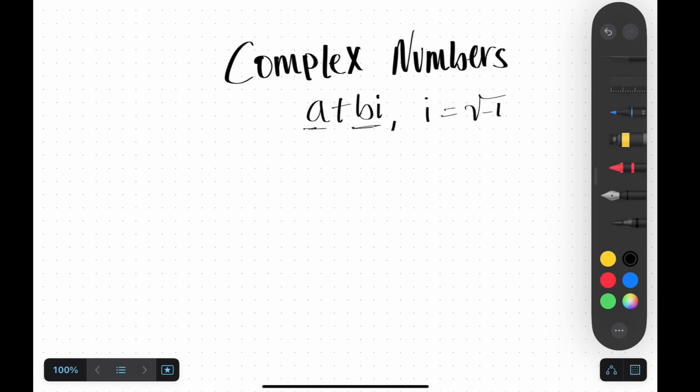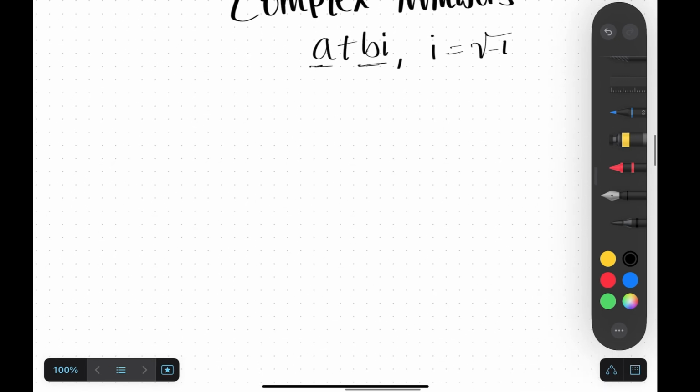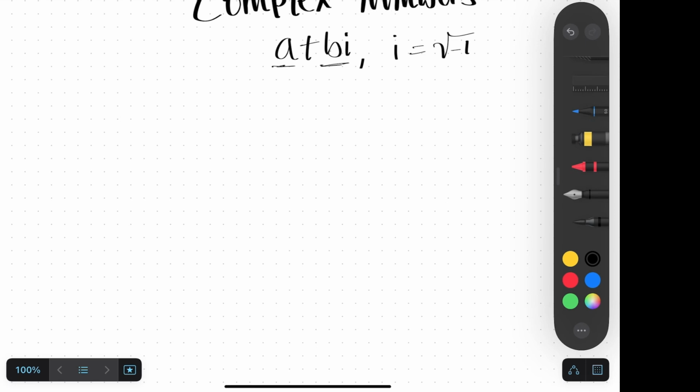Addition with complex numbers is simple. For example, 7 plus 12i added to 9 plus 3i is simply 16 plus 15i.